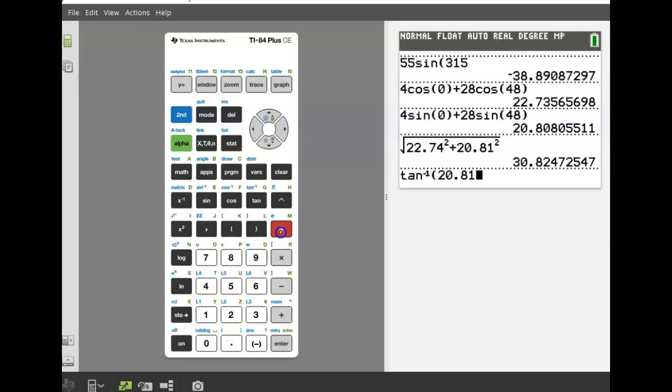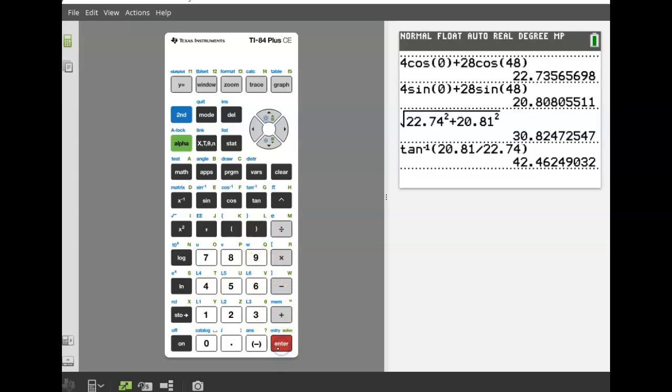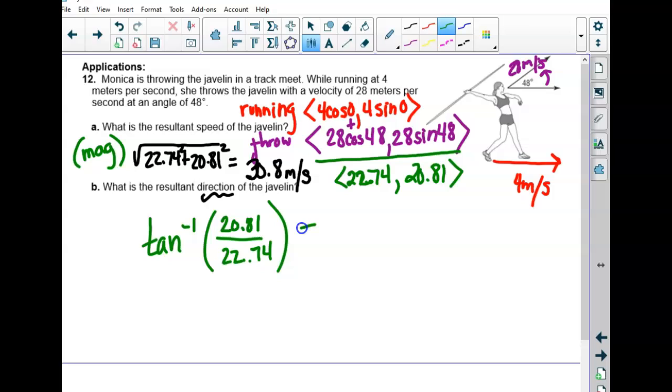And then, okay. And I got 42.5 degrees if I round to the nearest tenth. Especially as long as you show your work, I won't be picky on rounding, okay? But make sure there's work so that I can tell what you were doing in case you get a different answer than I do.